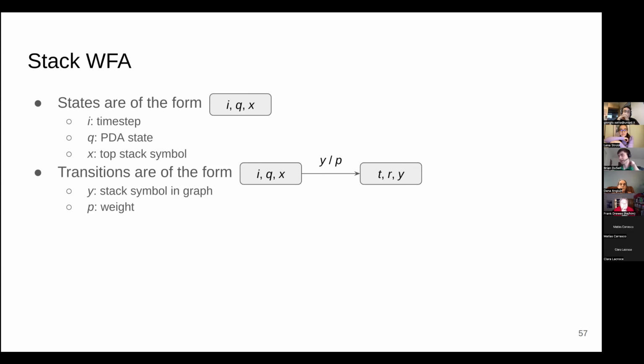And the stack WFA has transitions from one state to another, and I'll discuss what the meaning of a transition is. If you think of it as this packed directed graph, the symbol y here is the stack symbol that labels the edge.